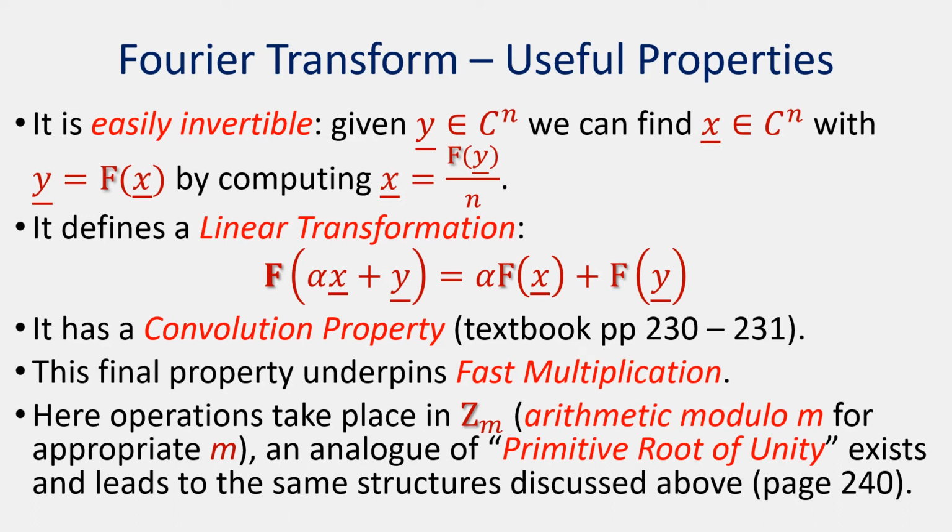Here, in that particular algorithm, we don't work with complex numbers. What we work with is integer arithmetic modulo some particular value. In that structure, we have an analog of a principal root of unity. I'm not going to discuss that in detail. That's also described in the textbook.